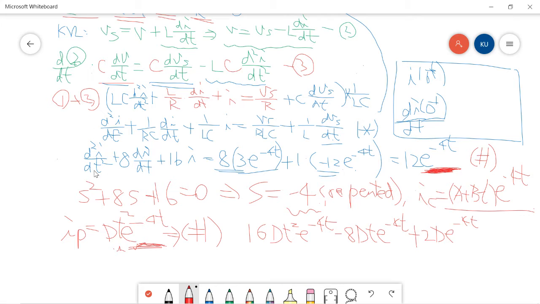So this is the first term, and then the second one will be plus 8 times the first derivative of this one, which is 2t, so totally 16 dt exponential to minus 4t. And then 2d times the first derivative of this term, and then times this term.